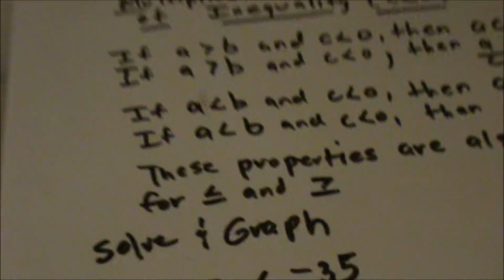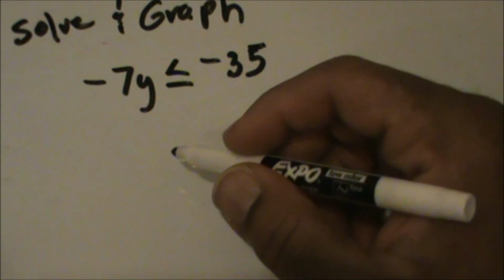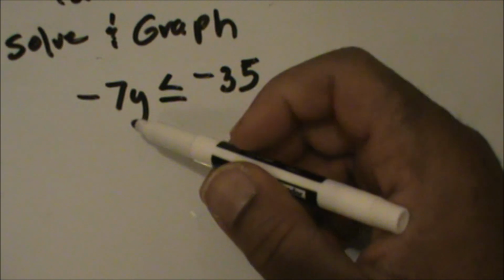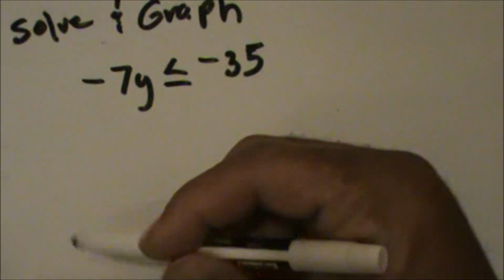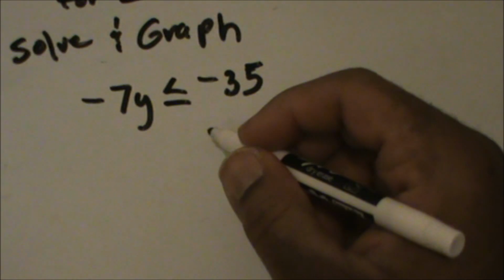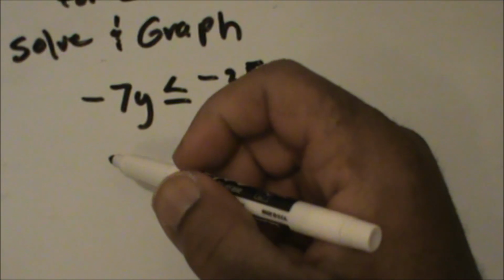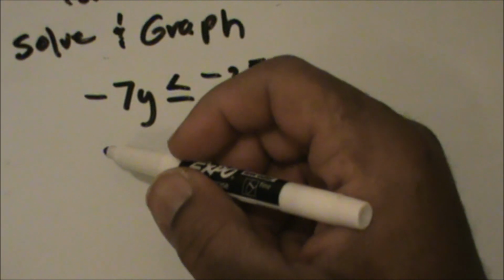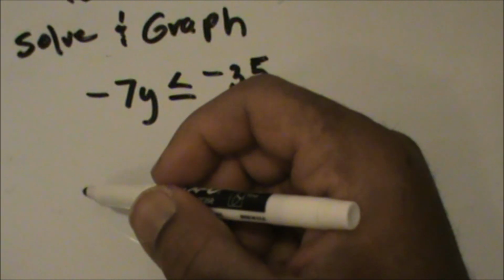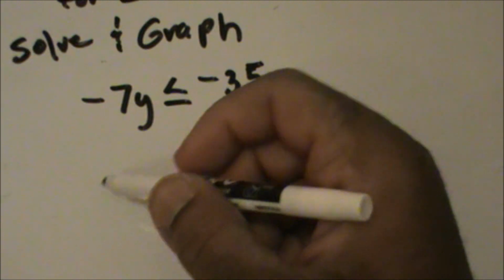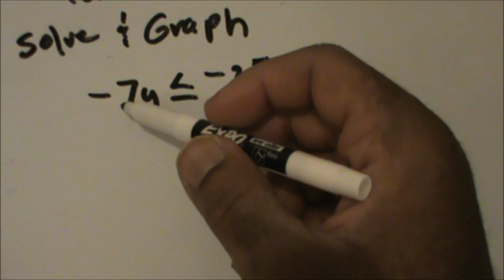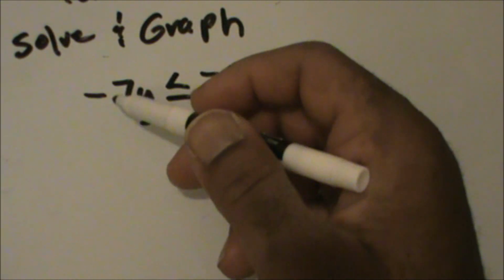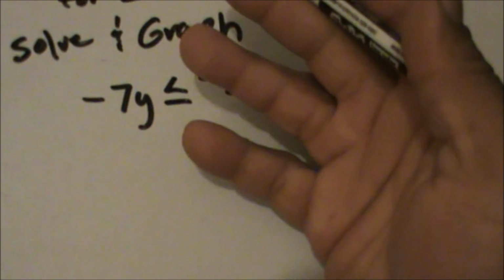Solve and graph the inequality. Notice there's a number in front of y, so we're going to divide on both sides. Like I said, if you have fractional portions where x or whatever variable is included, you multiply by a whole number. But if you have the quantity in front of the variable, you divide by it on both sides.